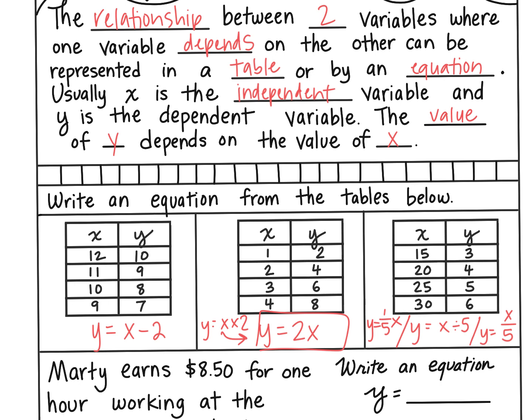How come that works also? If I take 1/5 of X, how is that the same thing as dividing by 5, Brant? Because if you said 1/5 of this, that would be 2. Exactly. So any of these is the correct way to write that. I would accept any of those. Okay?